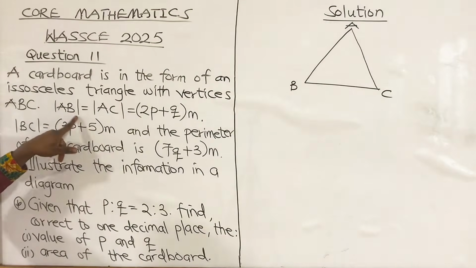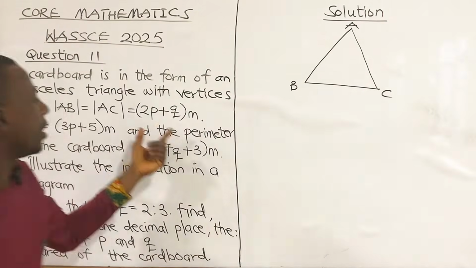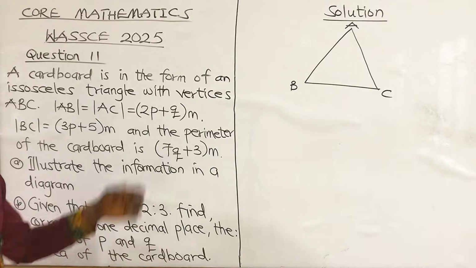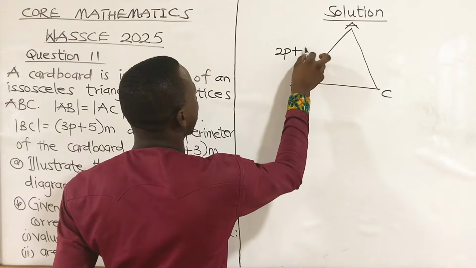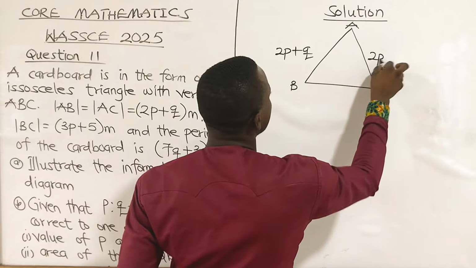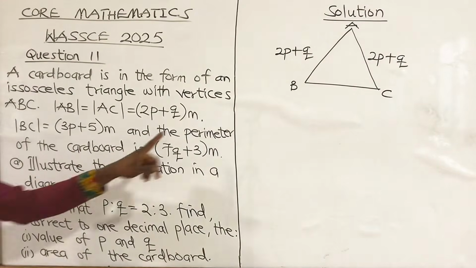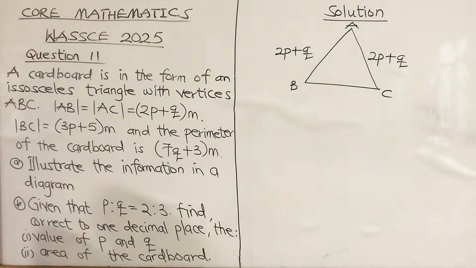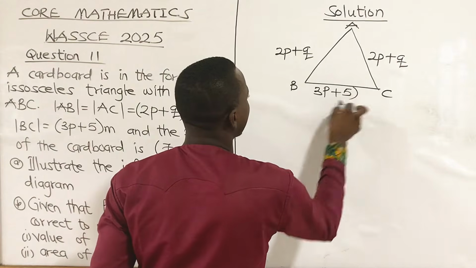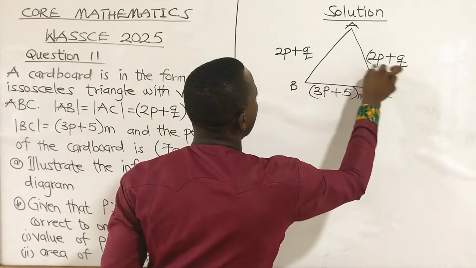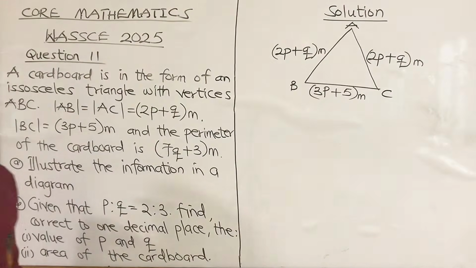So AB is equal to AC. They both have equal distance, which is 2p plus q. Here is 2p plus q, here is also 2p plus q, and distance BC is 3p plus 5, and everything here is in meters.